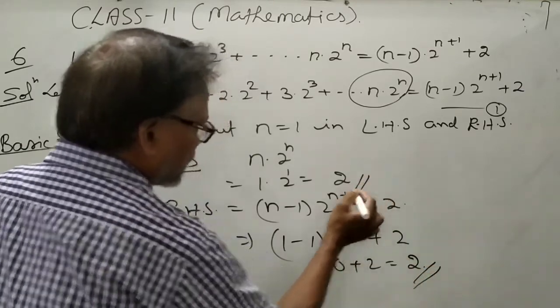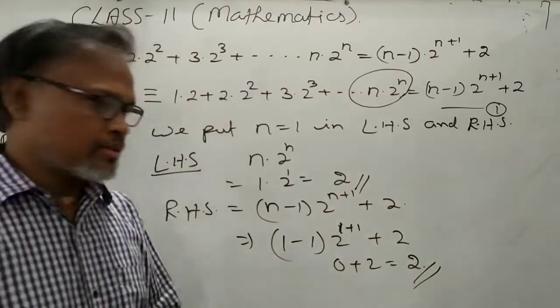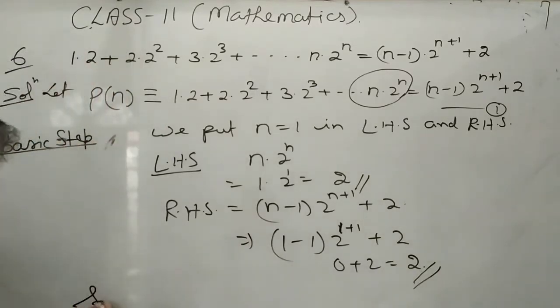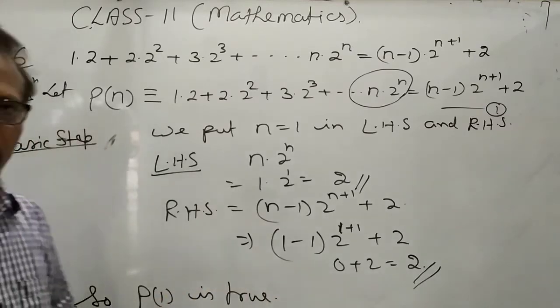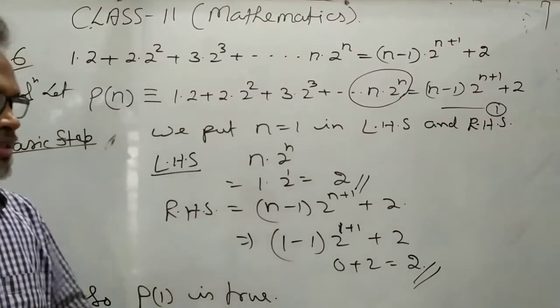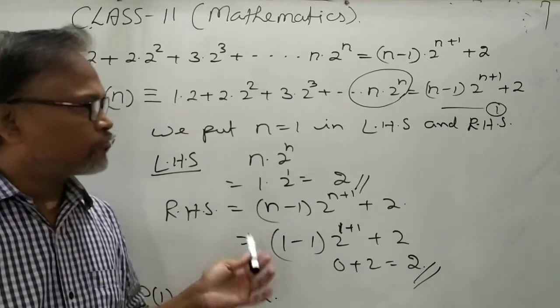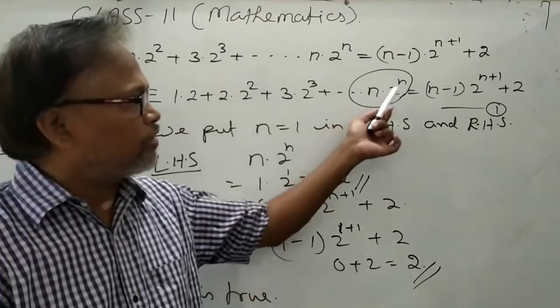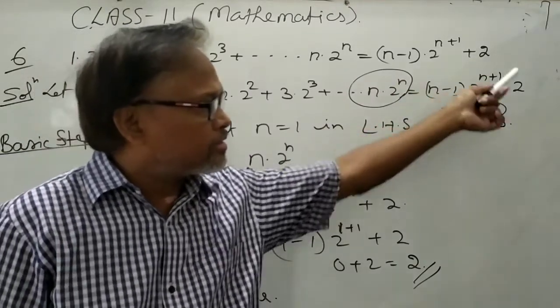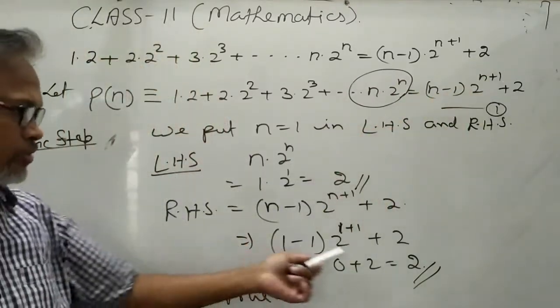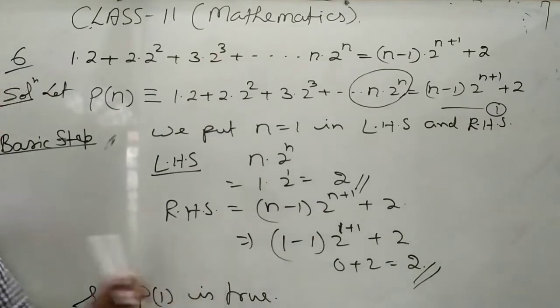So both are equal. It means P1 is 2. This is called the basic step. You only have to put n equal to 1 in the LHS, the nth term, and in the right hand side. If both are equal, you say that P1 is true.